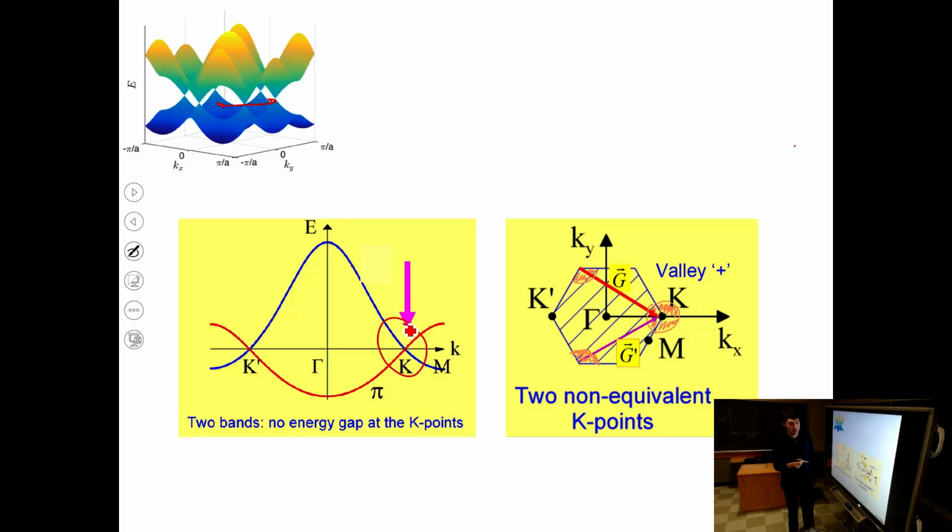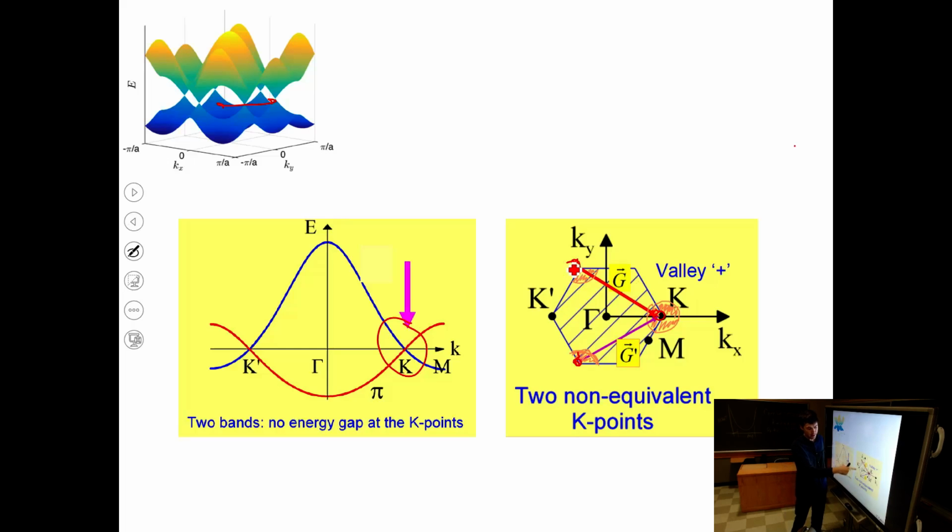What does it mean that the k and the k prime are not equivalent? It means that if you are sitting at this k point, you cannot come up with any reciprocal lattice vector g that will bring you into the k prime point. So if you sit here and you go by g in any direction, g, 2g, 3g, minus 3g, you will always hit another k point, and there are 3 k points in the corners of the Brillouin zone.